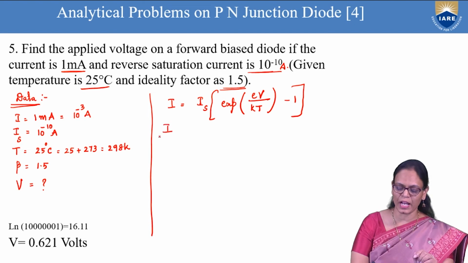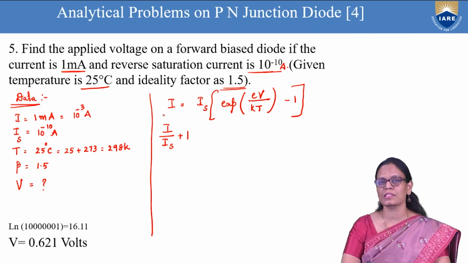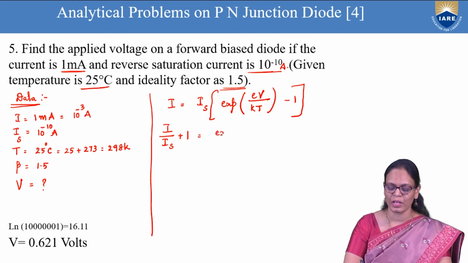I'll write it as I by Is plus 1. Is I have brought onto this side, just transposing, it comes onto the denominator. This minus 1, when it comes here, becomes plus 1, equal to exponential of eV by kT.